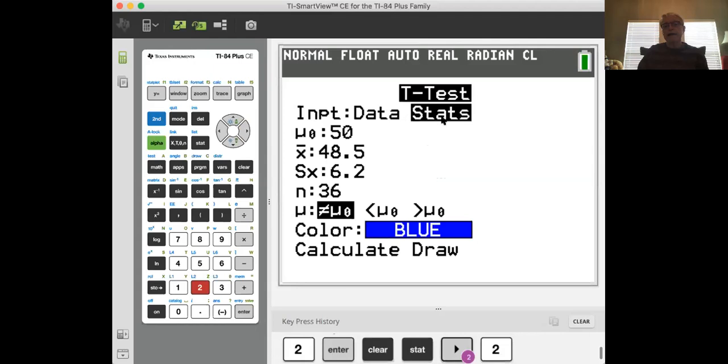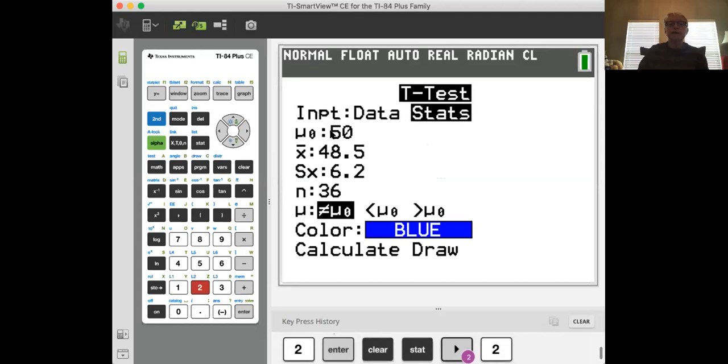Stats is highlighted. This basically says that the sample gives us things like the mean, standard deviation, and sample size. If all we had was the actual data and no statistics calculated for us, we would use data and tell it what list we had put the data in, and it would calculate those separately.